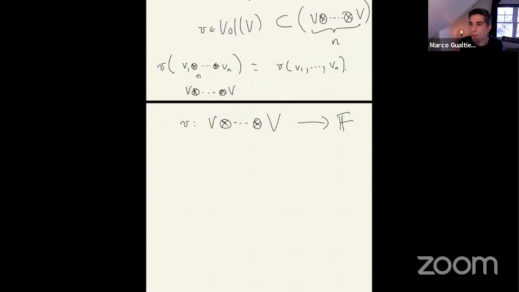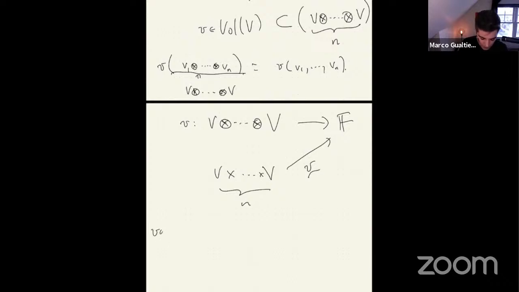We didn't think of it this way. We thought of it only as from the Cartesian product to the field, n times. But because V is multilinear, if I take a formal combination of things like this, I can enhance or upgrade the volume so that it acts on all of this tensor product.